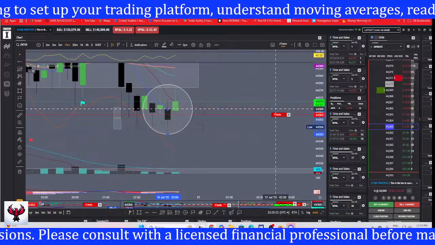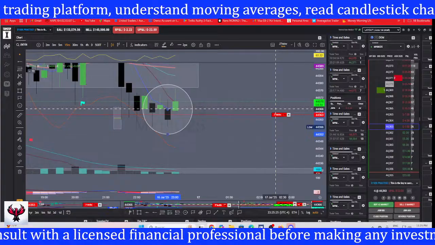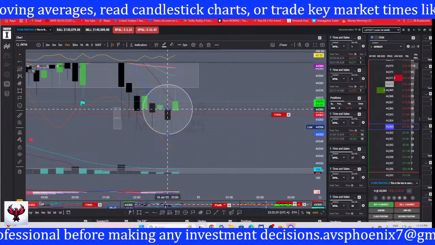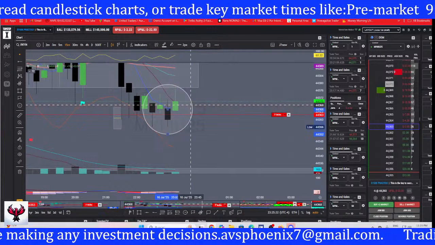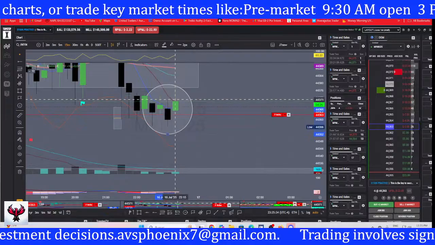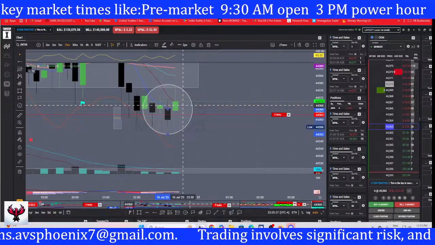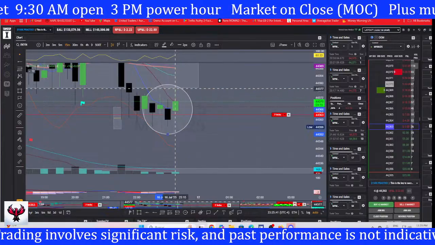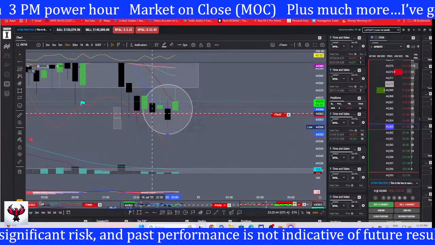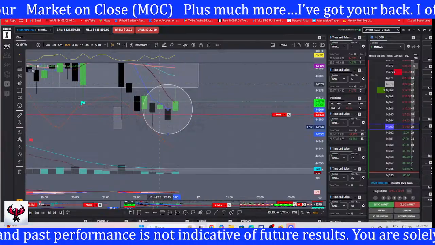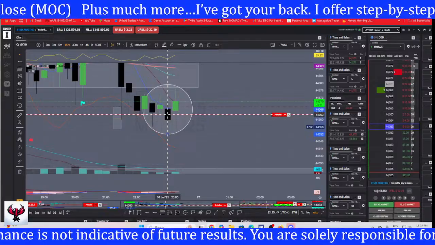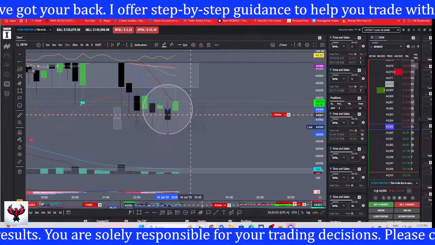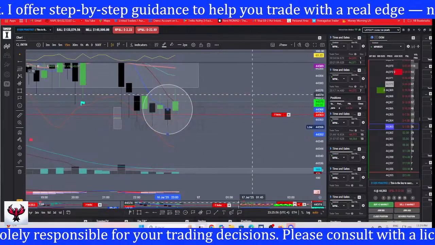Because it's already crossing the 5. It's tapping the 8. It reached over here. It can do maybe what it did here. But this is very slow.